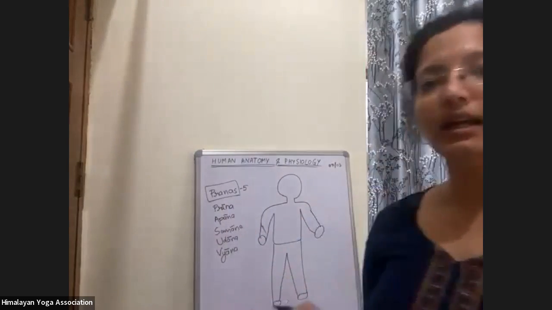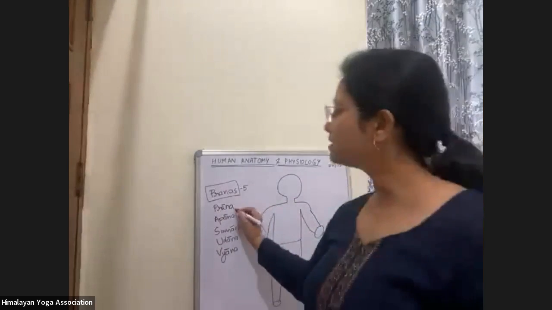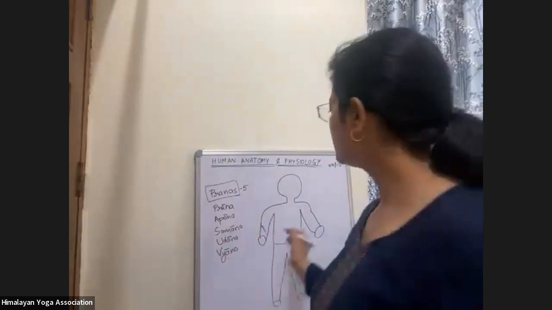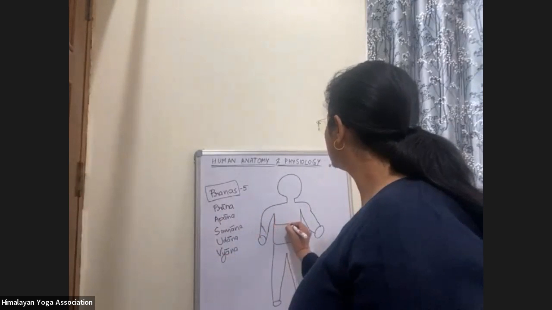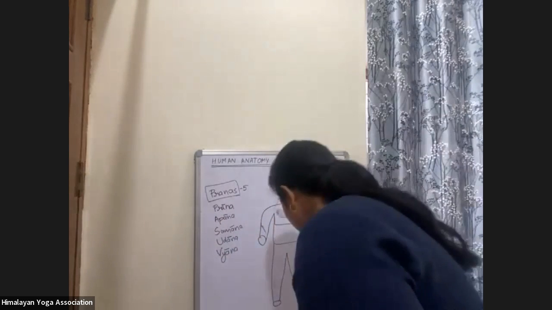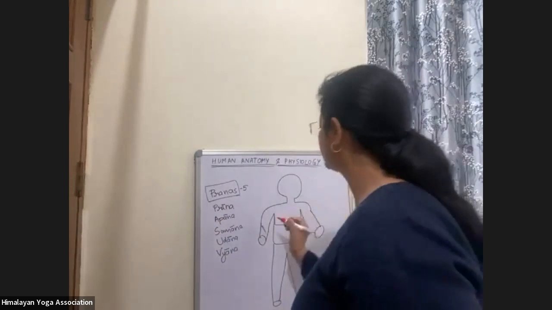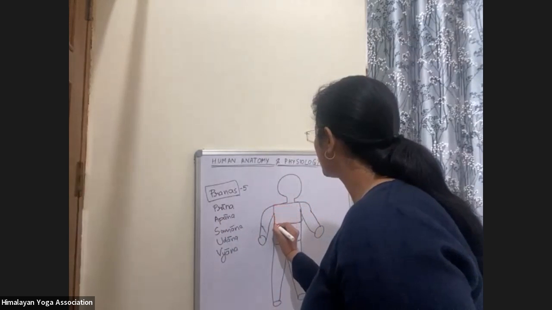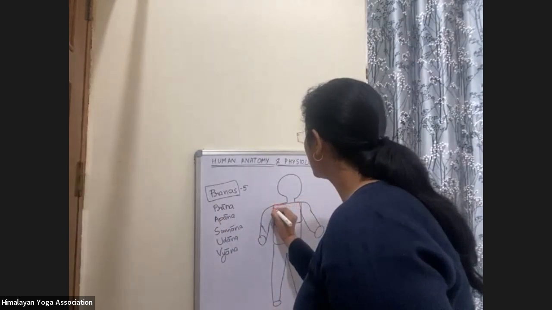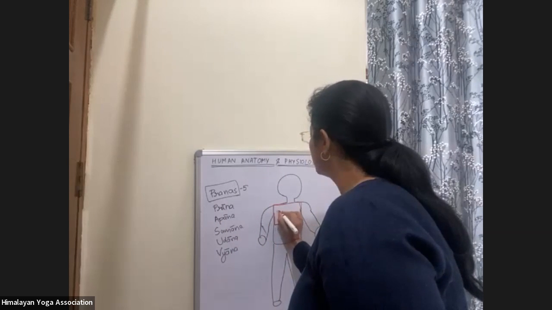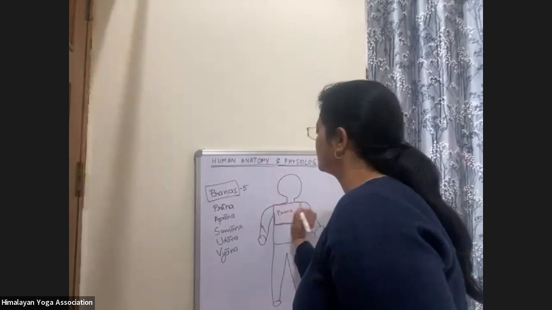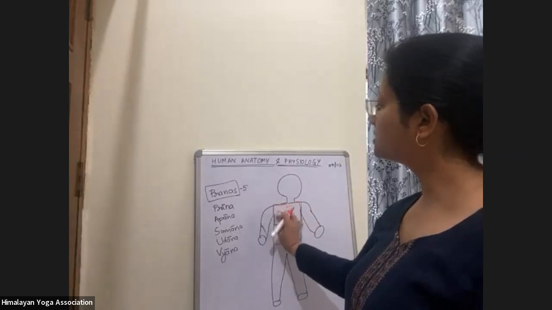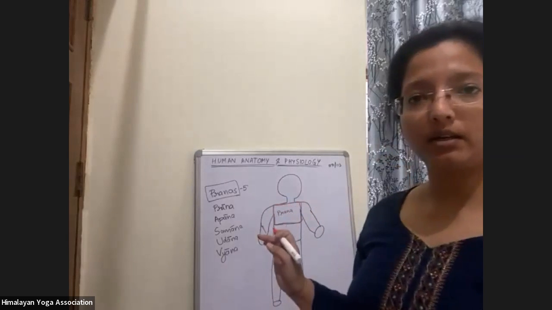I think you can relate where this prana is situated. When you breathe in, the breathing process is done somewhere here. This is the area of prana. The functioning of this energy is in the breathing process, the respiratory process.